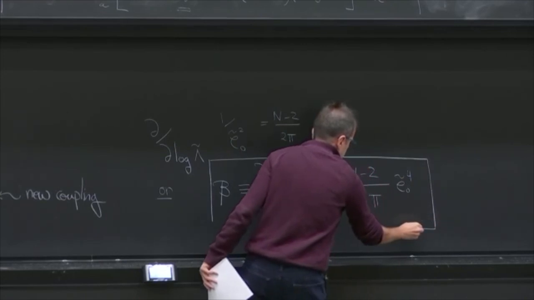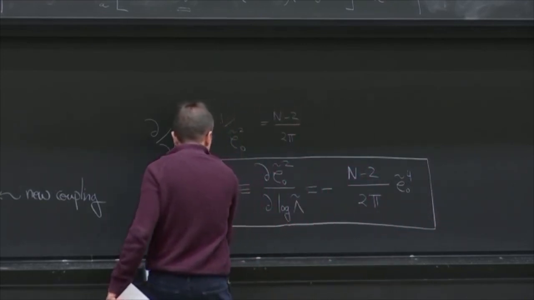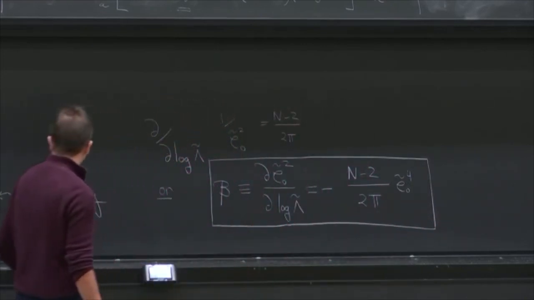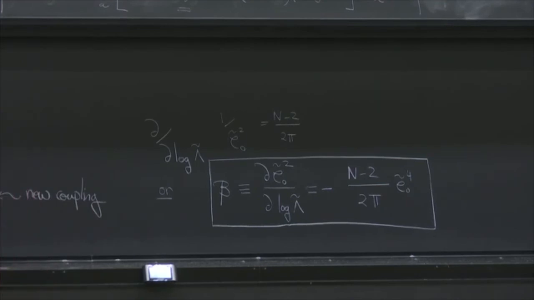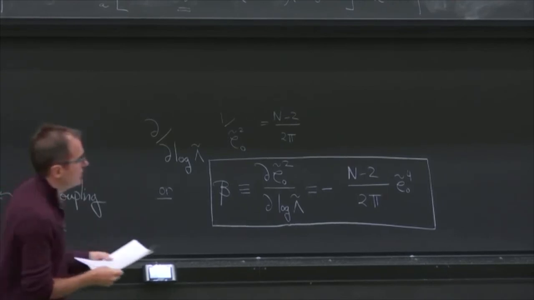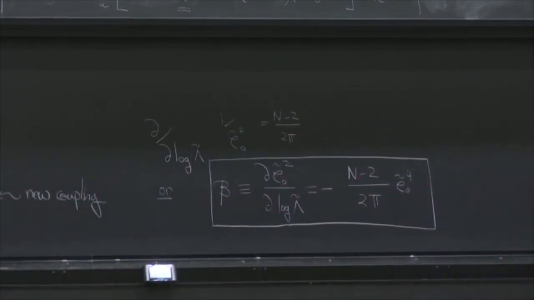Why is it n minus 2? Good question. Because I made a mistake here. There is a mistake here somewhere. Help me out. Where is the mistake? So this guy, the expectation value gives delta AB.